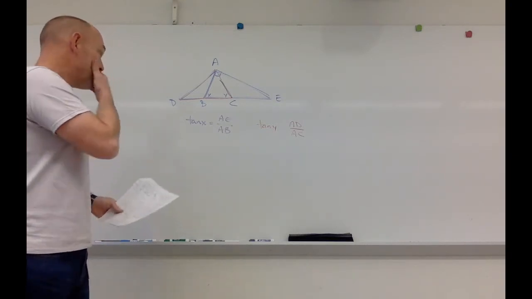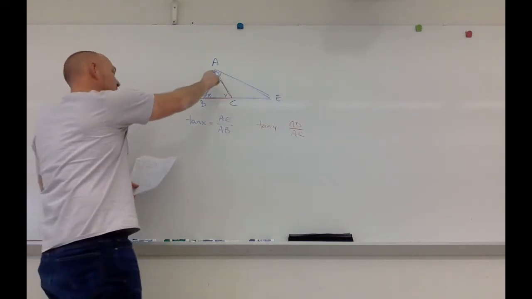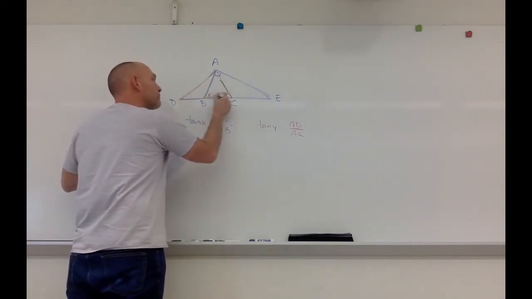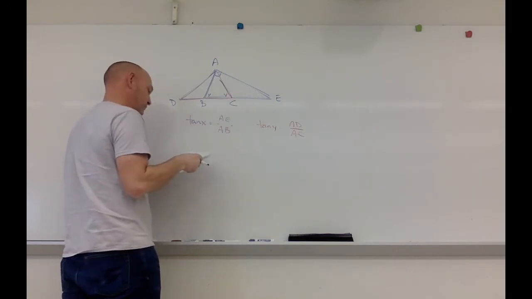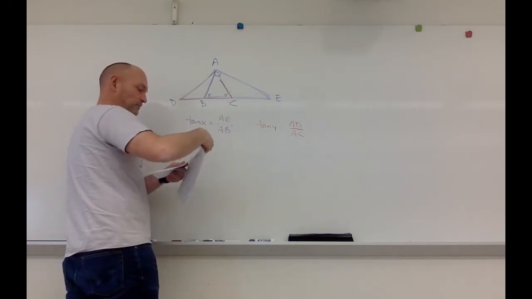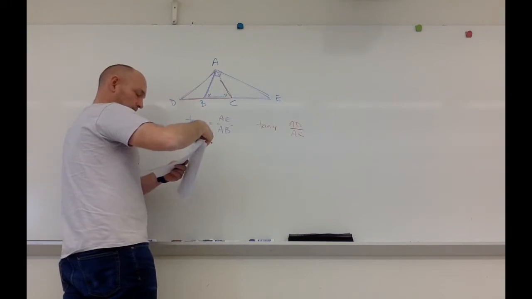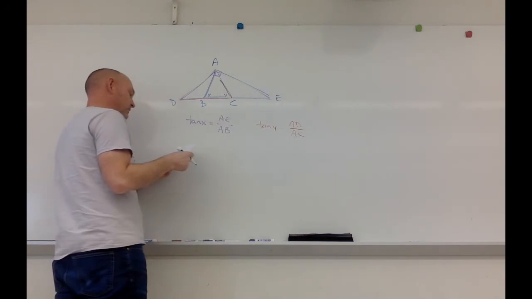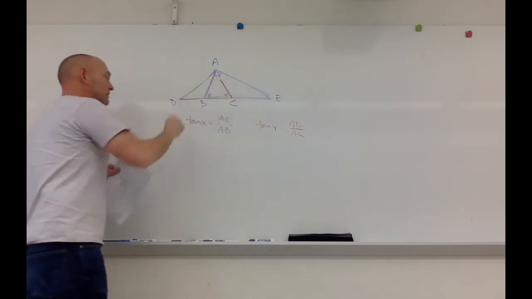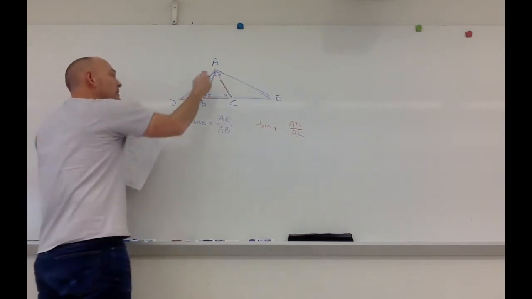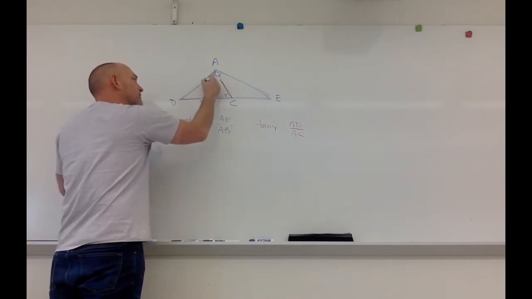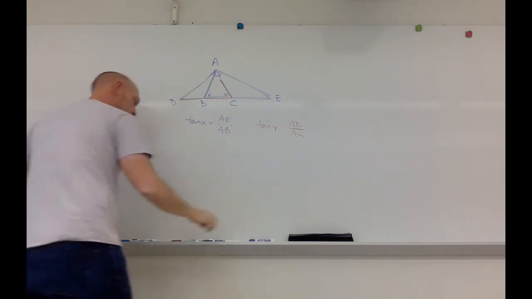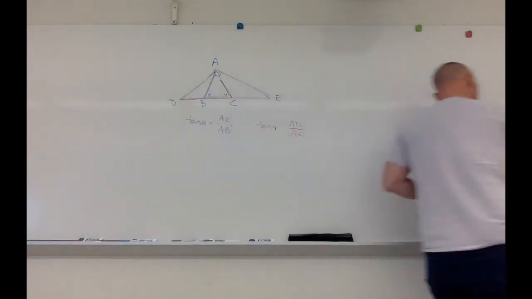Okay, now, if I look at this little triangle in here, and let me highlight that little triangle I have right here. Okay, this angle right here, I'm going to do that one right up there, in green.